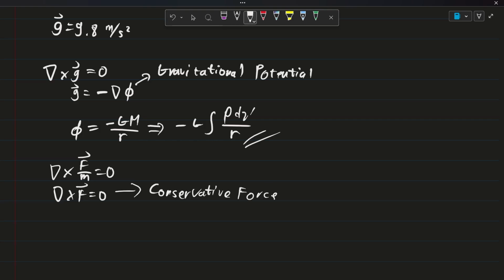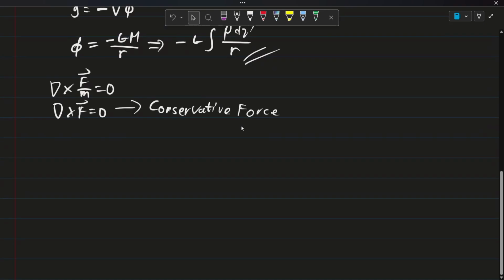This means that there should be a value that we could denote such that it can define what the force is. And if you remember previously, this is something which we call the potential energy.